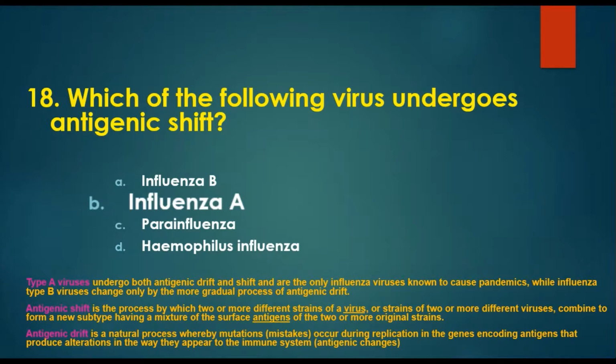Whereas antigenic drift is due to mistakes or mutations occurring during replication in the genes encoding antigens, which produce alterations in the way they appear to the immune system. So that is called drift. The shift is more powerful because it is a combination of two strains of a virus or two different viruses.